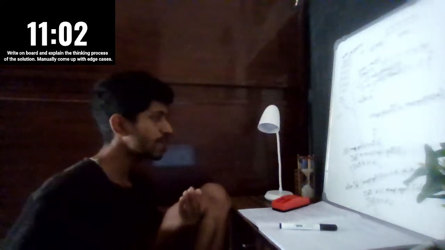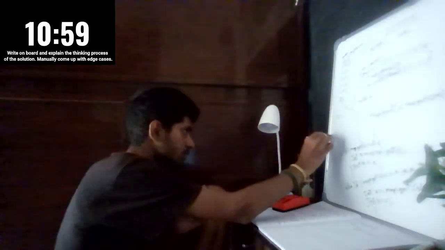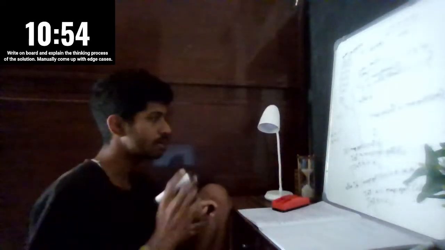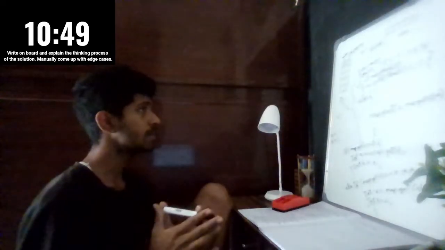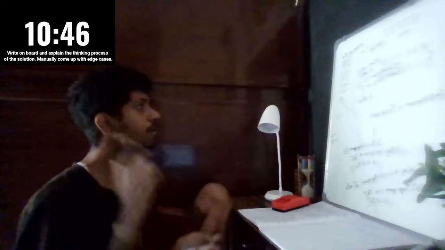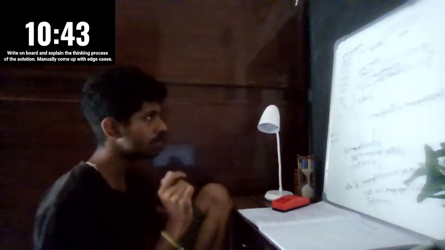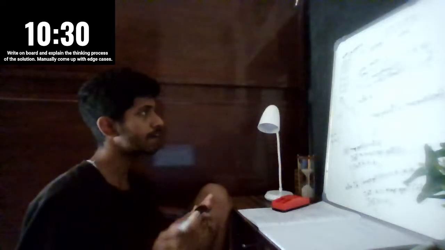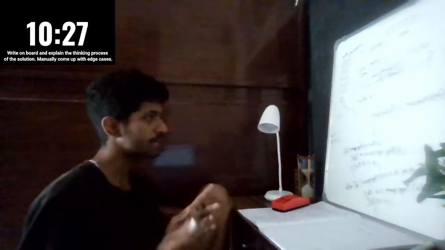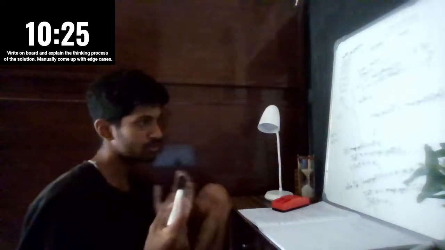So A will be 1, B will be 1. Now go to the next one. Does map contain 2? No, then it is true, then you should put 2 comma 1. Now we need to see if map dot get I, the value of I, which is 1, is greater than A? No. Go to the other one.